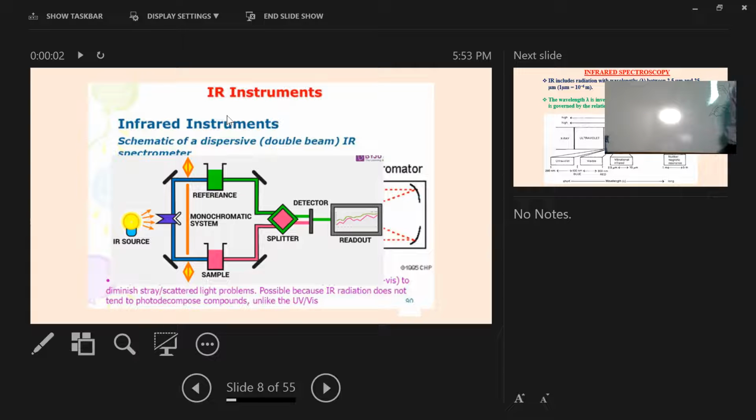This one and this one. Okay. So, whatever the intensity, let us consider this is 400 per centimeter, and this is 4000 per centimeter.